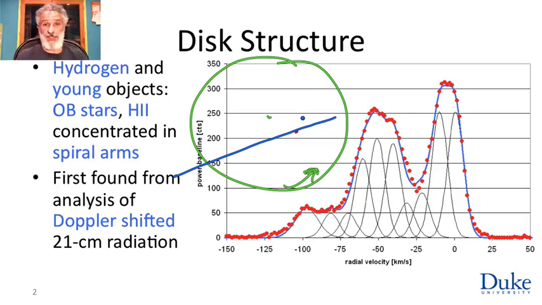I told you the 21 centimeter line is a very sharp line, and because relative to the sun's motion in its Kepler orbit, objects at different parts of the disk are moving, there will be a Doppler shift associated to the relative motion of whatever is emitting the radiation relative to the sun. We can measure that Doppler shift, and what we find here is a spectrum of the observed 21 centimeter emission from a particular direction.